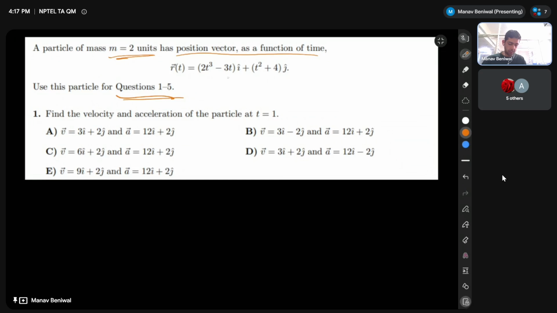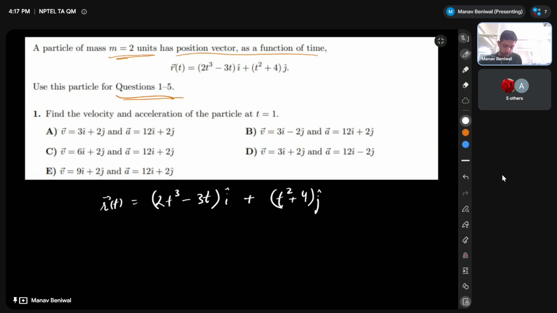The position vector is given in terms of i cap and j cap, and its position is changing with time. So r of t, the x component is (2t cubed minus 3t) i cap and (t squared plus 4) j cap.